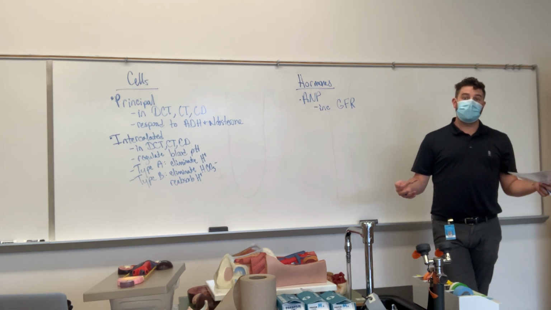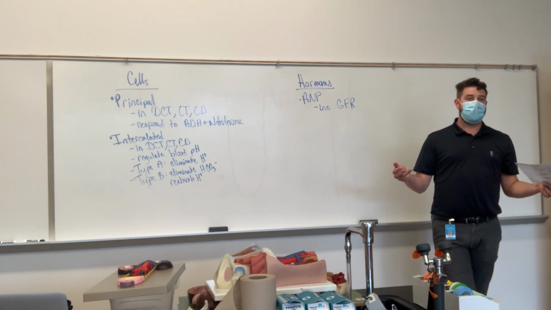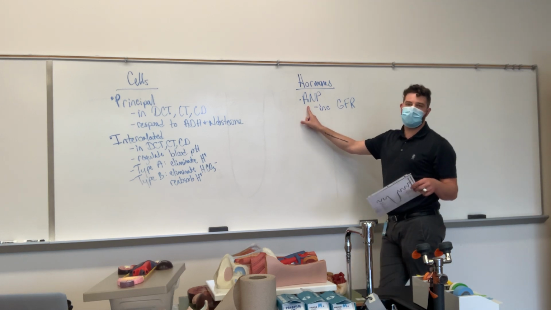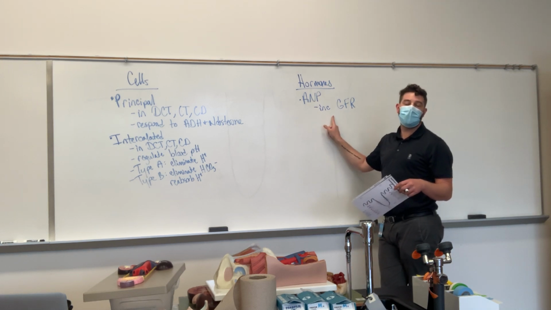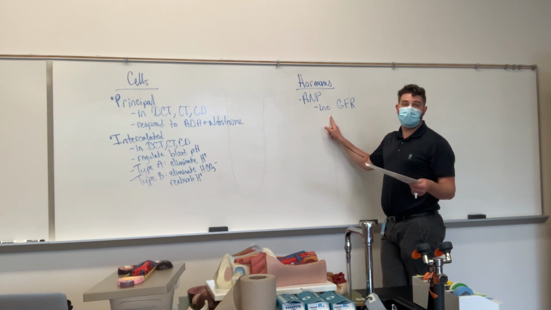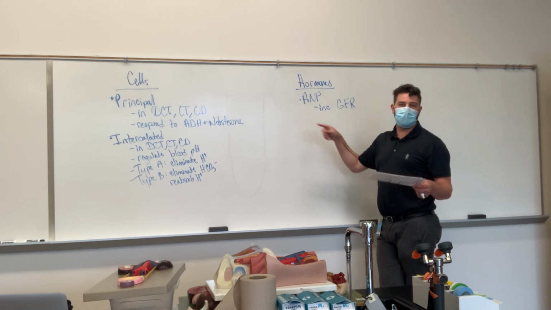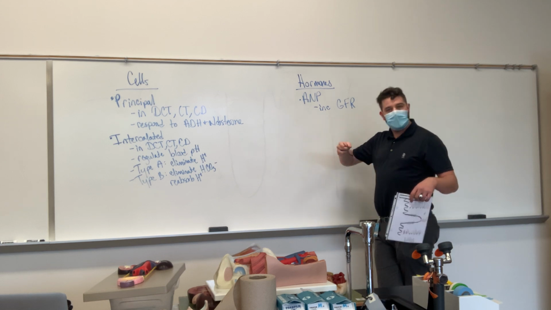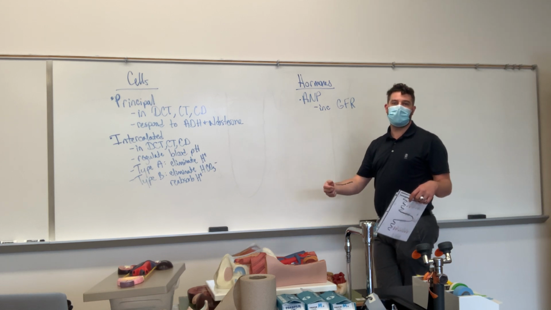The rate at which they filter blood is called your GFR. So ANP, atrial natriuretic peptide, increases your GFR. Does that increase or decrease your urine formation? Increases it, yep. So remember, ANP is released because when the heart starts to stretch too much, the atria release ANP, and that triggers the kidneys to increase urine output.